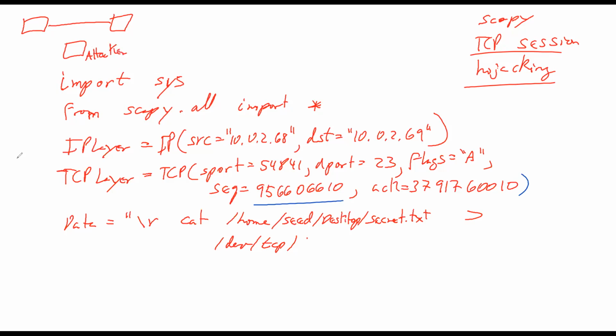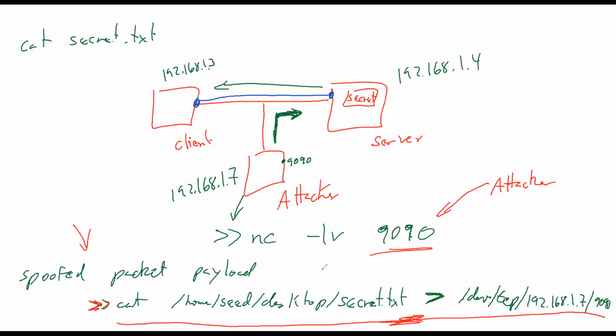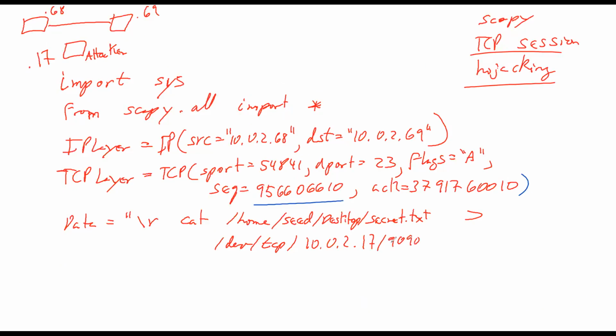So then we can say this is 0.68, 0.69, and let's just say this is, I don't know, something, 17. So this would be 10.0.2.17. And then we're assuming, of course, that this is already running. So 9090.